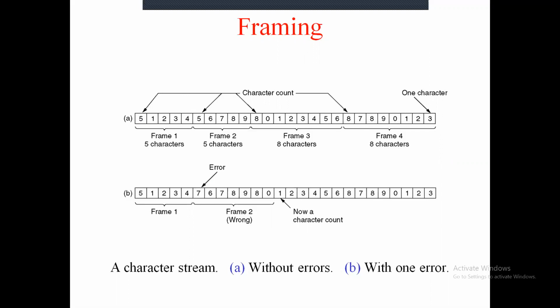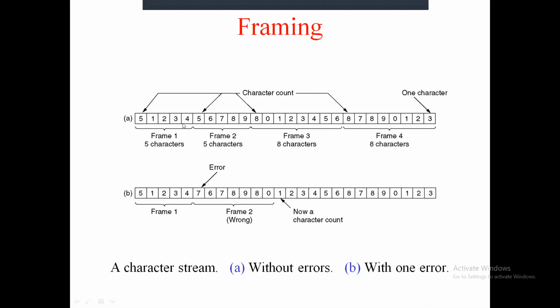So in character count, see the first frame in the above diagram. How many characters in the first frame? 5 characters. In the second frame, 5 characters. In the third frame, 8 characters. In the fourth frame, 8 characters.